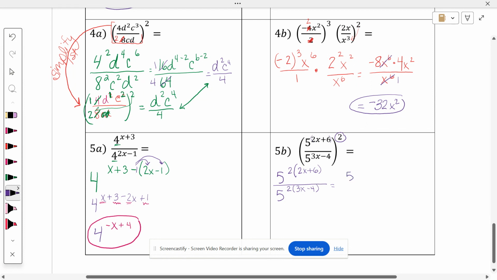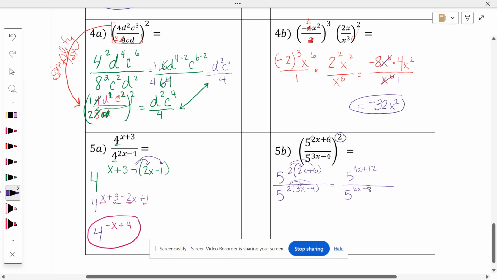So I know I have a 5. 2 times 2x is 4x. And 2 times 6 is plus 12. Over 5 to the power of 2 times 3x is 6x. And 2 times negative 4 is negative 8.